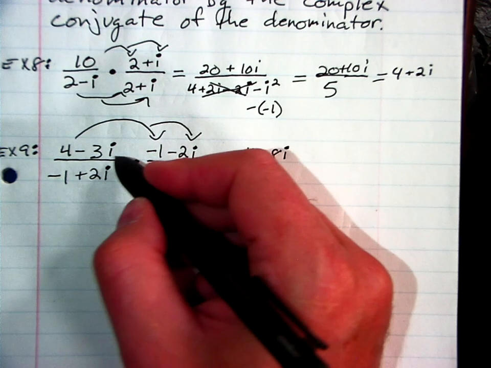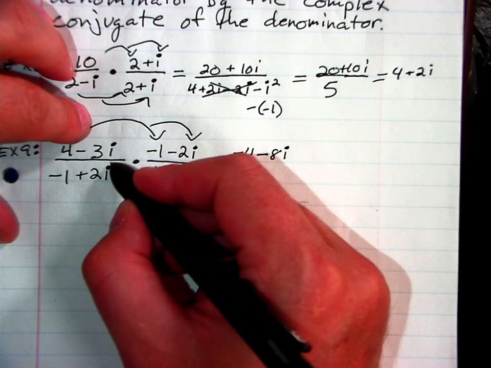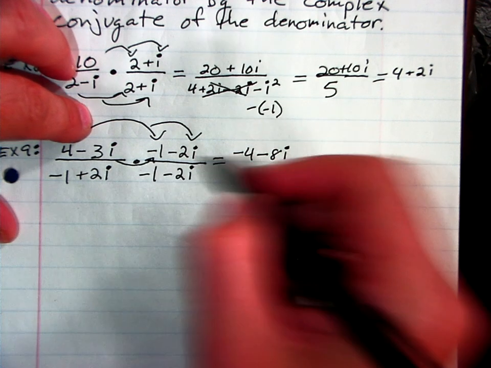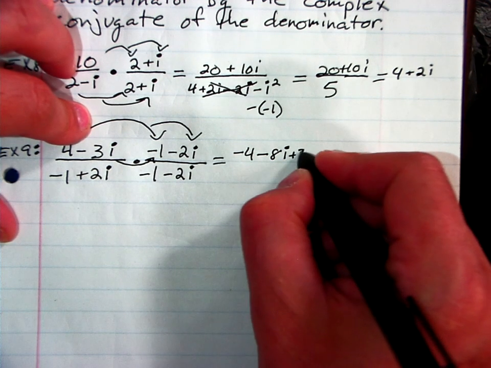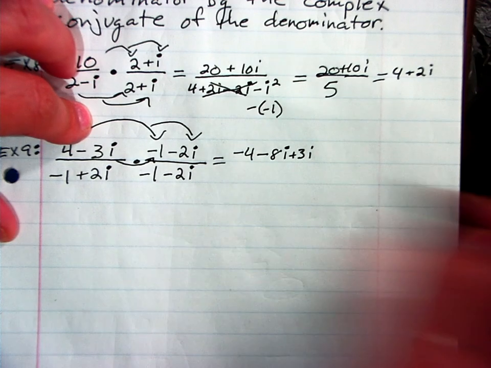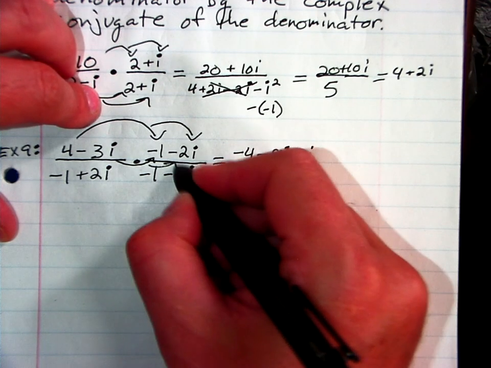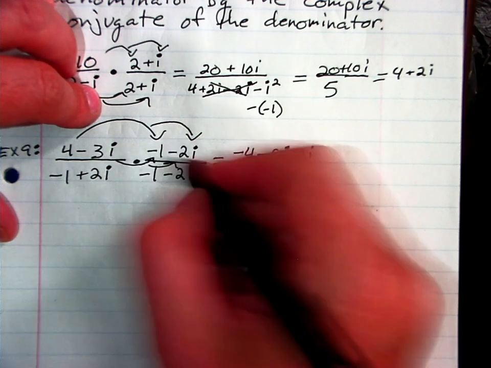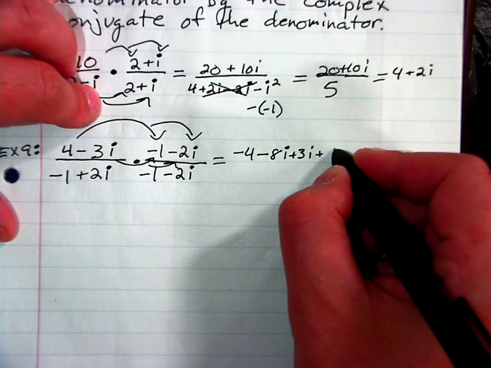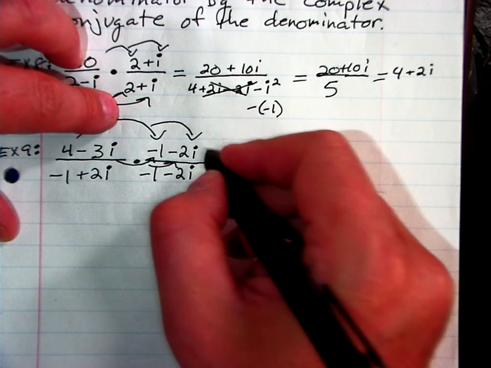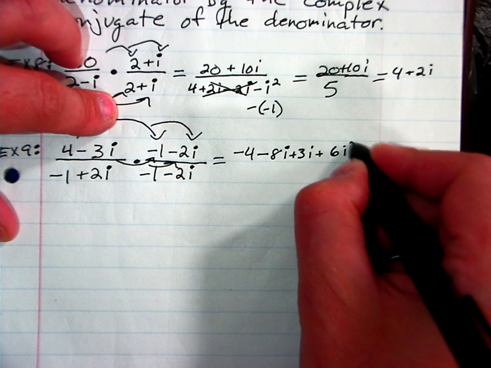Then we go on to the second term. Negative 3i times negative 1 is positive 3i. All right, negative 3i times negative 2i. Negative 3 times negative 2 is positive 6, and i times i is i squared.